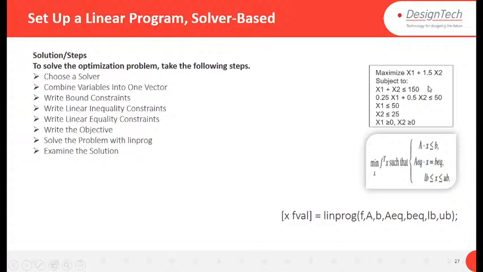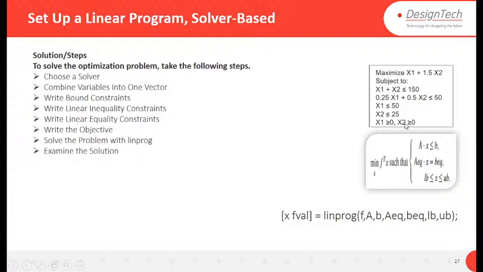So what we do in this case, we create a matrix, in this case for this linear inequality, A matrix will be 1 because the coefficient of x1 is 1, then again 1 because the coefficient of x2 is 1, then semicolon means second row, that will be 0.25 and 0.25. Same, we create a matrix for x1 x2, that is the lower bound 50 semicolon 25 means a single column, and for the upper bound also a single column. So these are upper bounds and these are lower bounds.